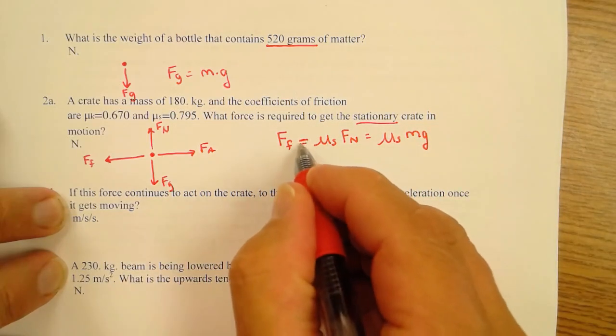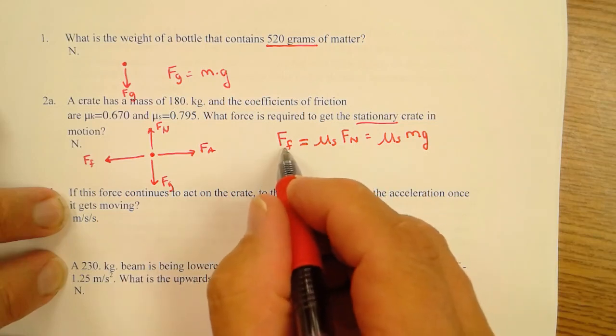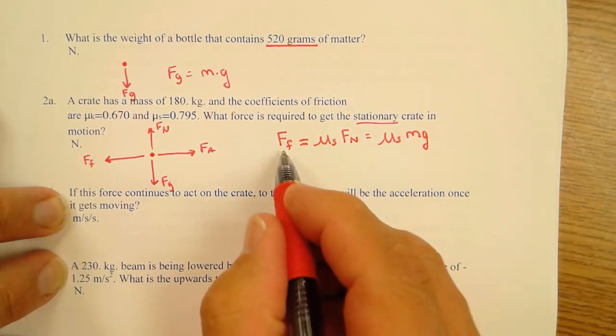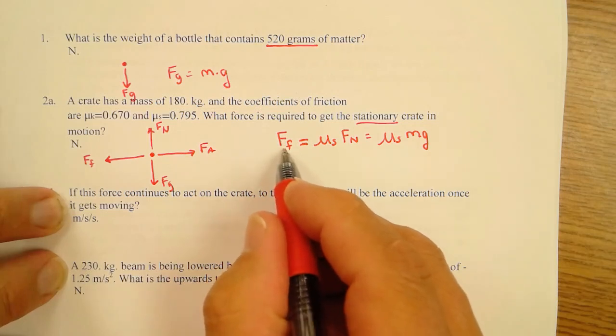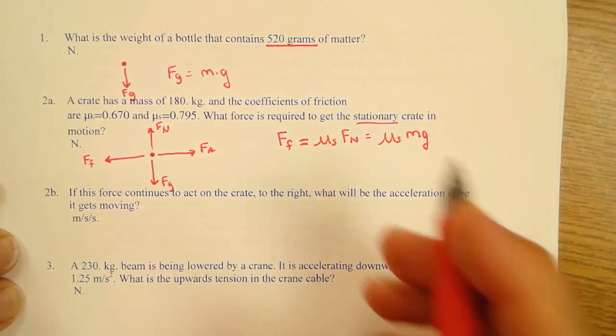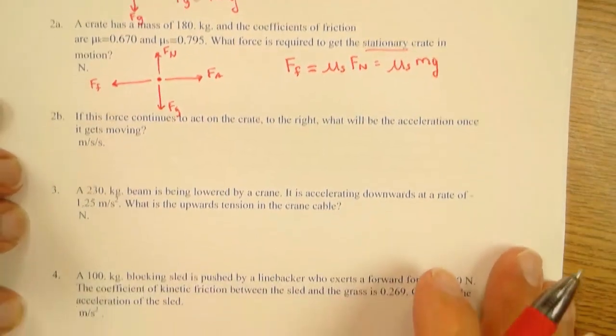And remember, this is the maximum. So this is the force required to get it moving. Once it starts moving, of course, we would use mu sub k instead of mu sub s. And if I push with a force that is less than this maximum force, friction will always equal whatever force I apply. So that's how you're going to figure out the maximum force that's required to get the cart moving.